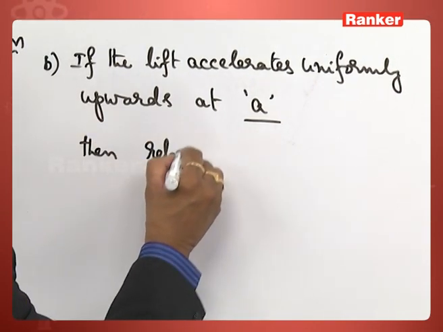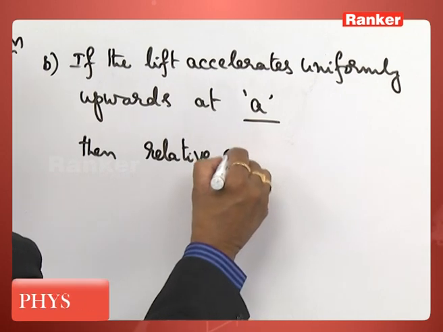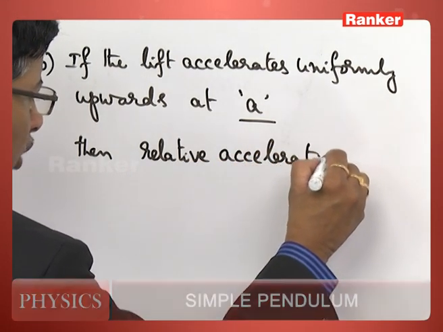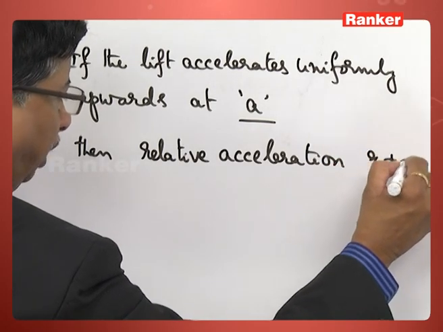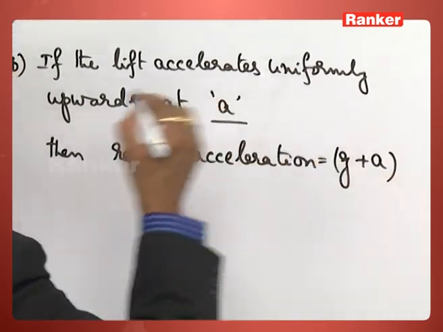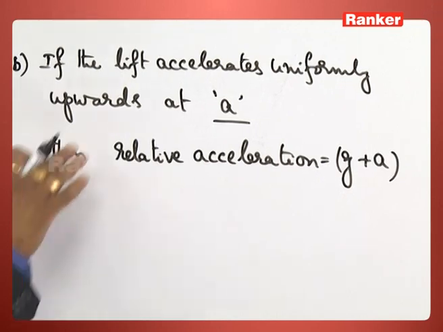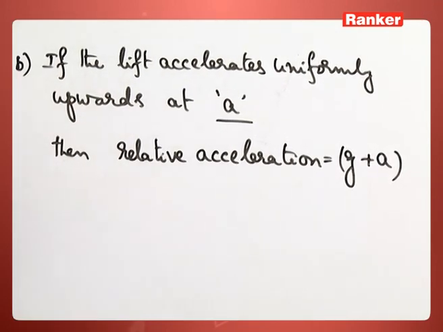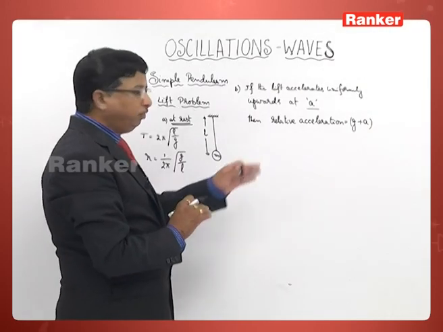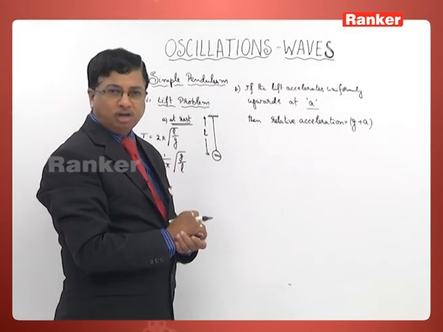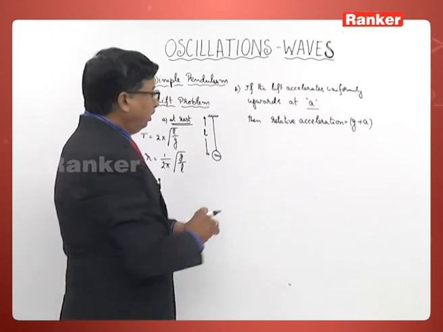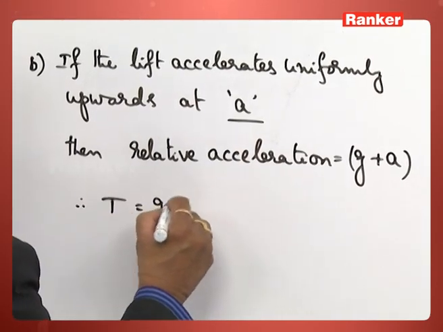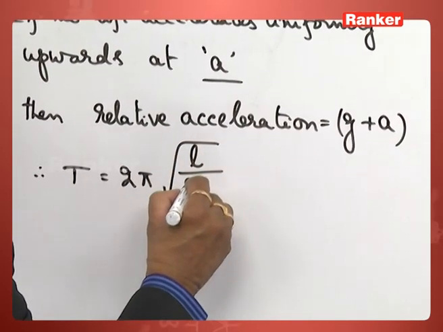The relative acceleration now becomes g plus a. Everyone can understand straight away, when a is upward and g is acting vertically down, the relative value will now be the sum of these two values, which is g plus a. Therefore, the time period becomes 2 pi under root L by (g plus a).